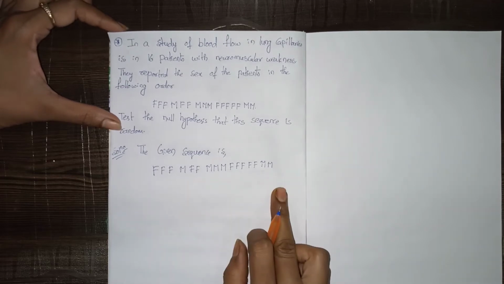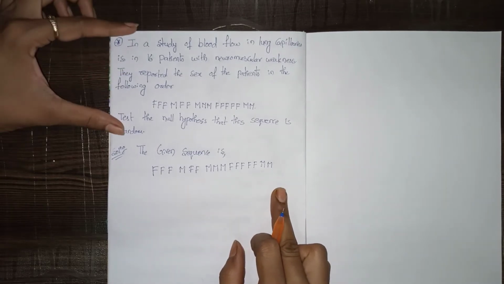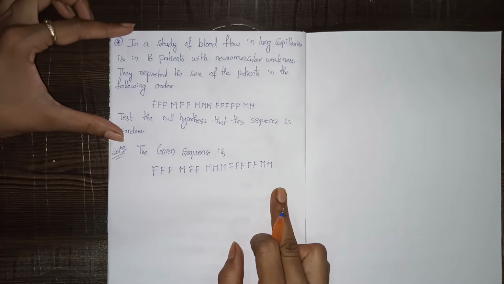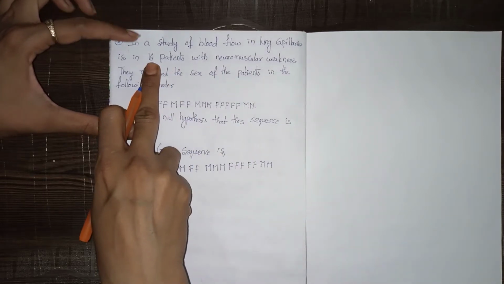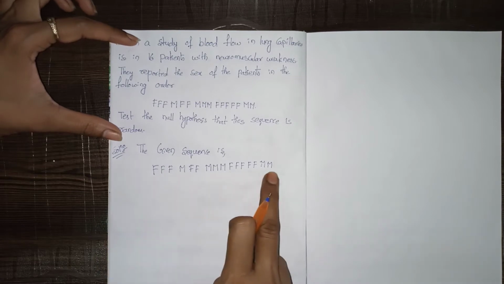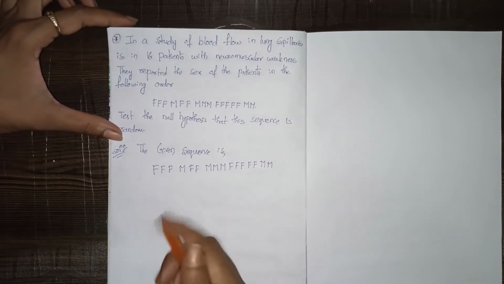That means they have given 16 patients' data. Now we have to write the sample size, 16 patients, or else if we count this sequence we will get 16 itself.